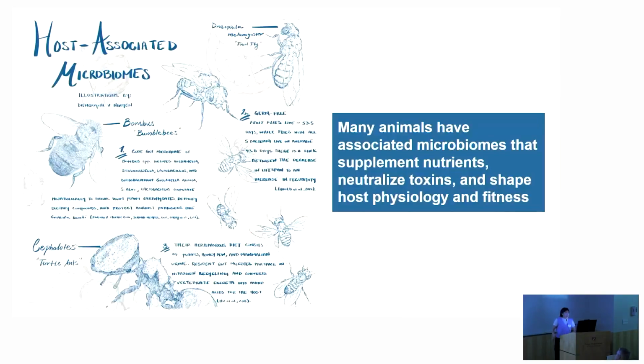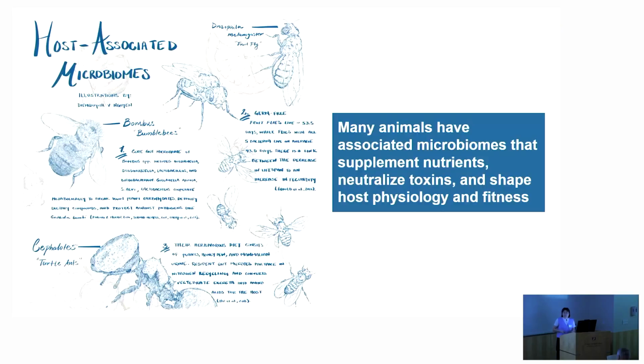To start, many animals have associated microbiomes that either supplement nutrients, neutralize toxins, and/or shape host physiology and fitness. In this illustration, don't worry too much about the tiny text. It's just here to showcase that we see this occurring in many systems, like with bumblebees, where they metabolically break down plant carbohydrates as well as detoxify dietary compounds.